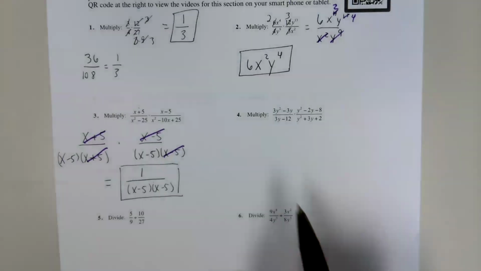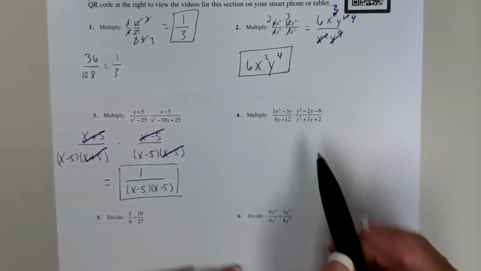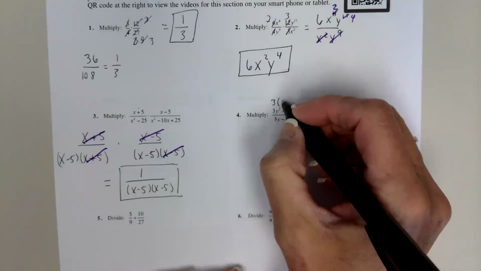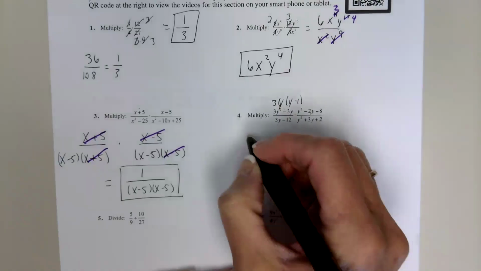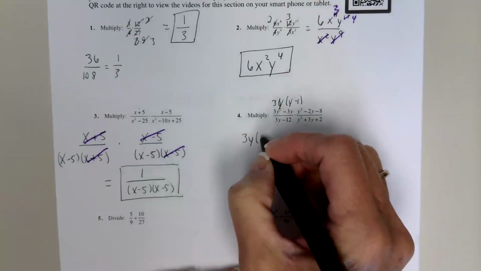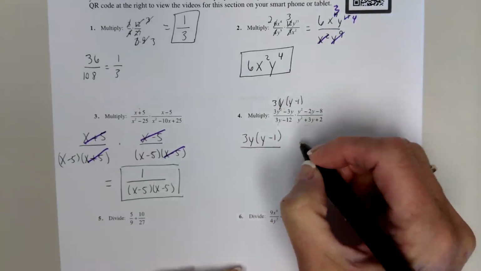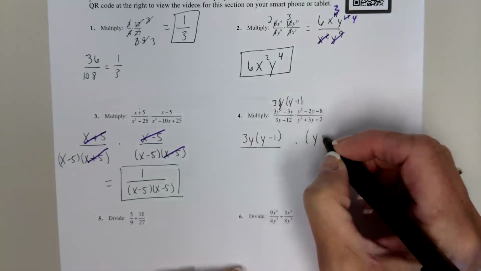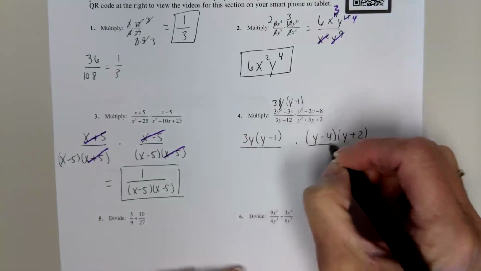Let's look at number 4. Again, we're going to factor each of the 4 pieces. So up top, I can factor out a 3y, and then I have y minus 1. And then top right, that factors into y minus 4 times y plus 2.